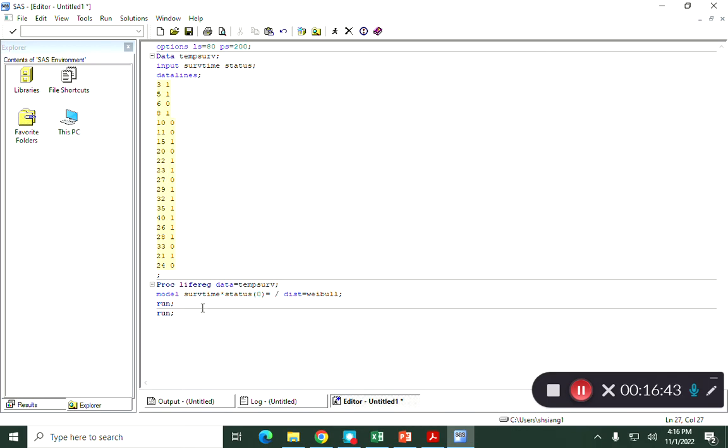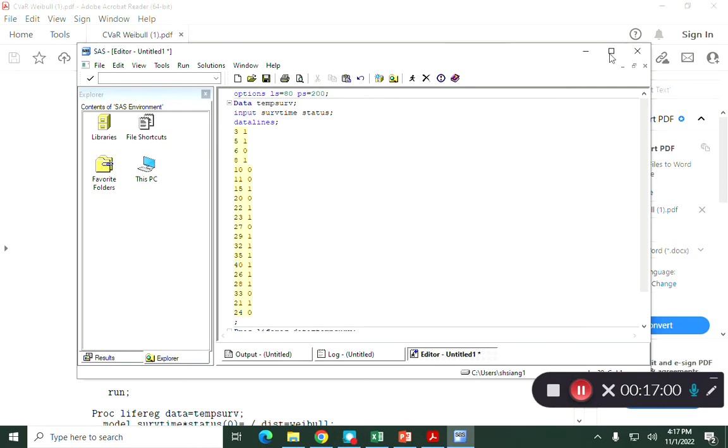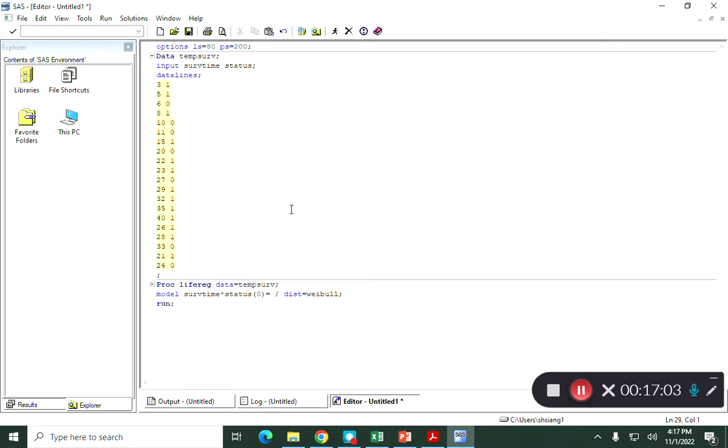And you can do this for proc lifetest, right? Can you build, here, using Excel, can you easily build a lifetest based on these things? Okay, so once you do that, equal to nothing.